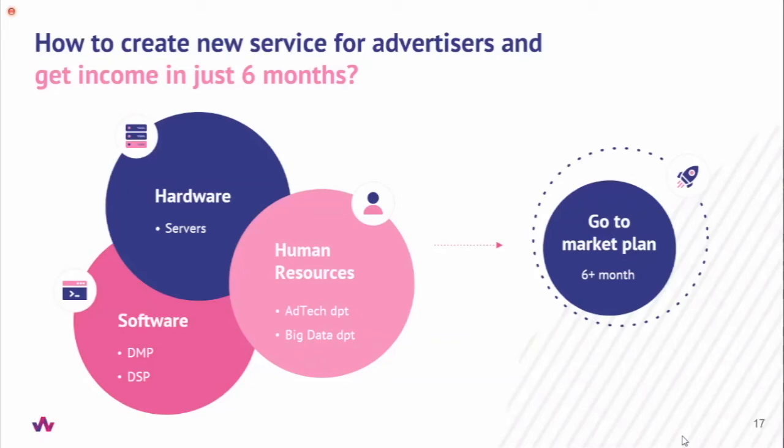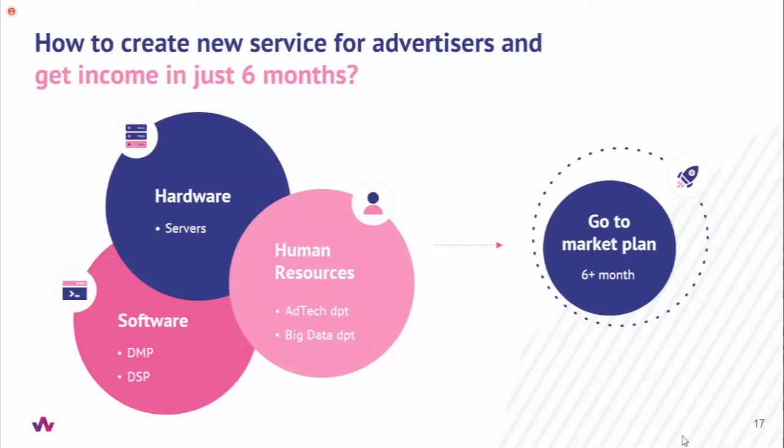They need people who would integrate and develop all this, who would negotiate with advertisers and with the networks, who would collect and segment all this data, and so on. They need hardware for running this platform, this new advertising ecosystem, a new service for advertisers.